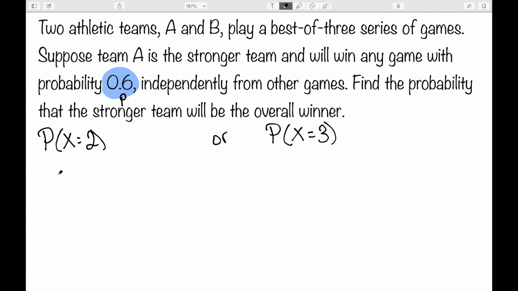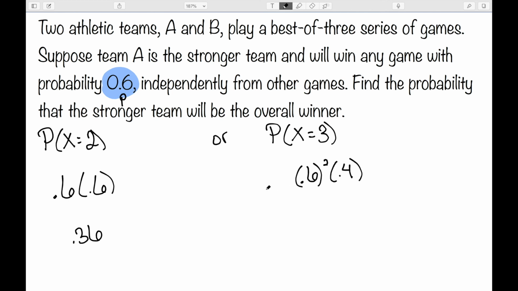The probability that X is equal to 2 is a little bit easier. We need to win the first game and win the second. So 0.36 chance that Team A wins within the first 2 games. For the first 3, well, we still need to win 2 games, but this time we're going to lose 1.